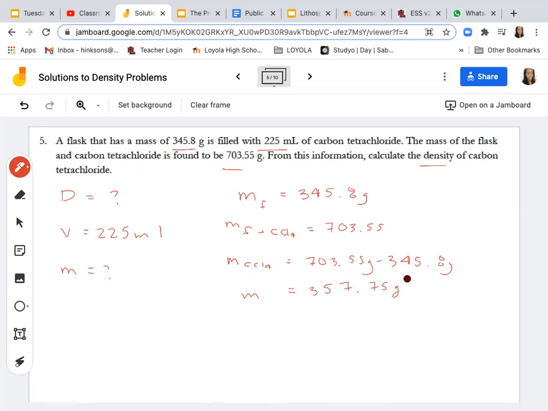You need to find the density of carbon tetrachloride, so you would need the mass of it. And that's what Fulano just told me to do. So now what do I do? Okay, so I can put it here.